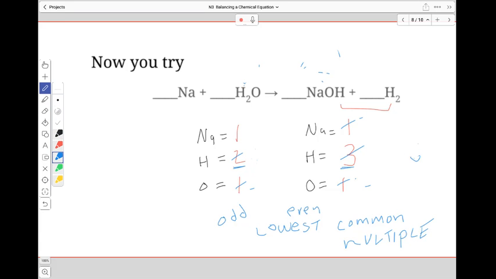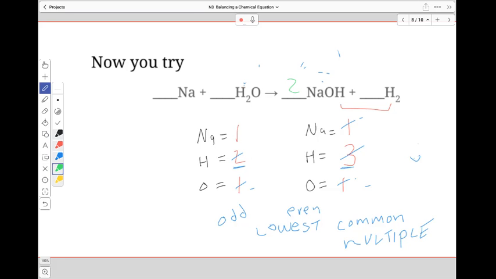So now what we're going to do is go back and try to figure this out, because we still have 1 and 2 and 1 and 1 and 3 and 1. So in order for us to make this work out, I'm going to try to make this 3. Sometimes you might want to try to make them even. So I'm going to recognize that I probably want to put a coefficient of 2 here.